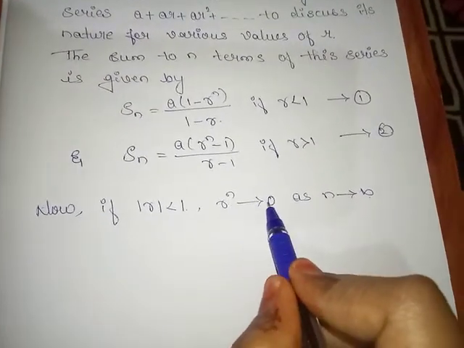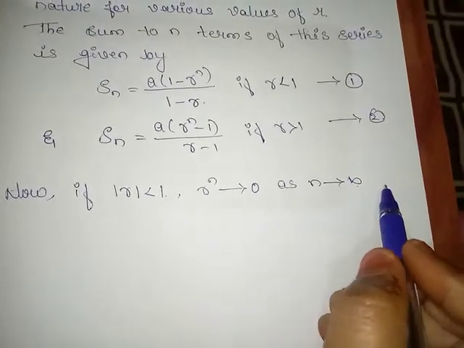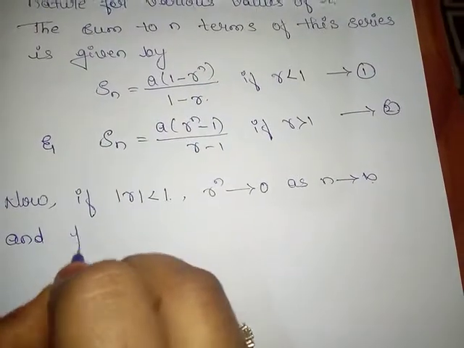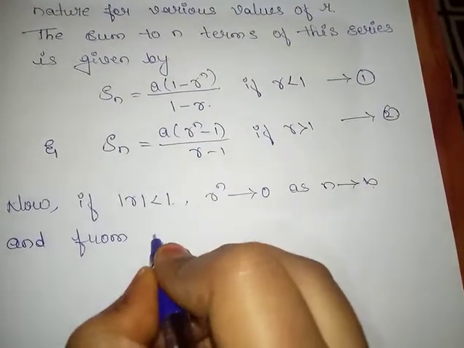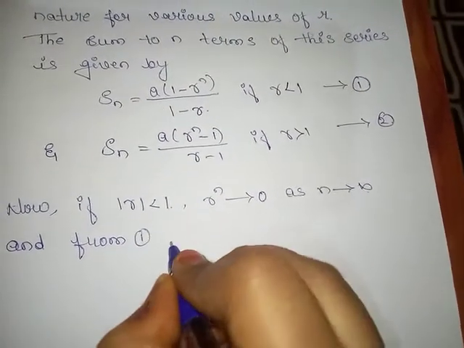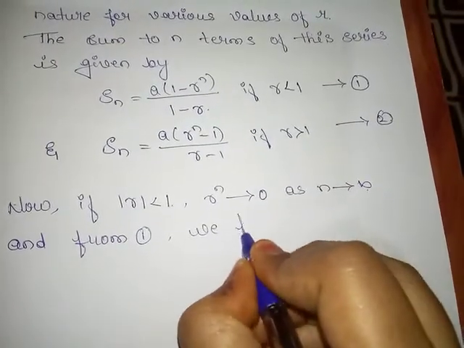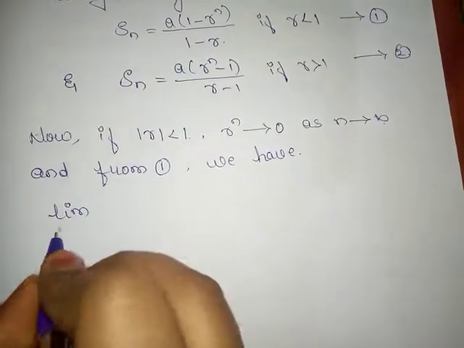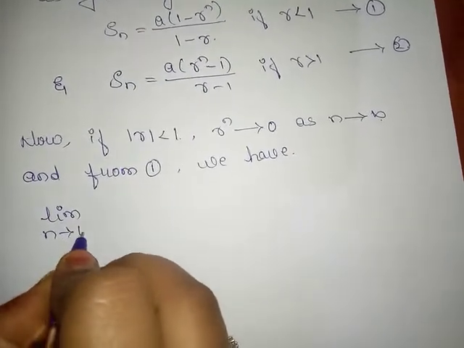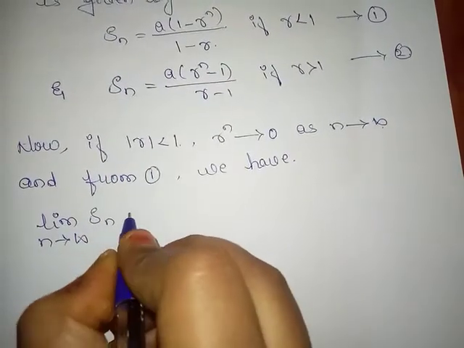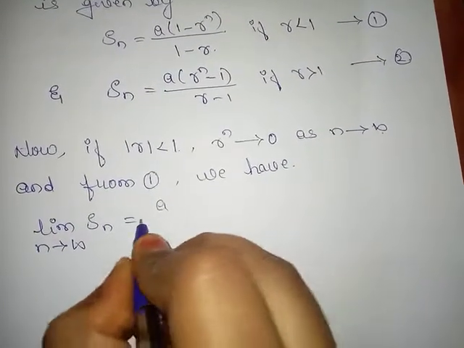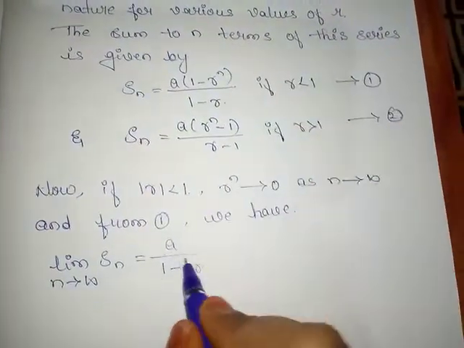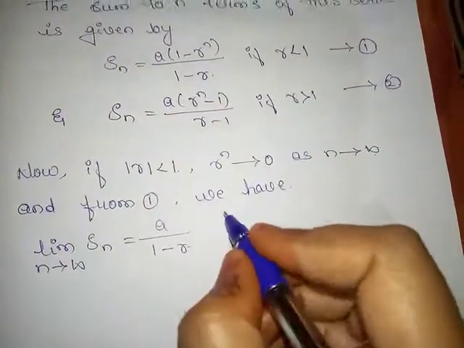Therefore r raised to n tends to 0 as n tends to infinity. And from the first result we have limit n tends to infinity Sn is equal to a divided by 1 minus r, because when r raised to n is 0, it will be a divided by 1 minus r.